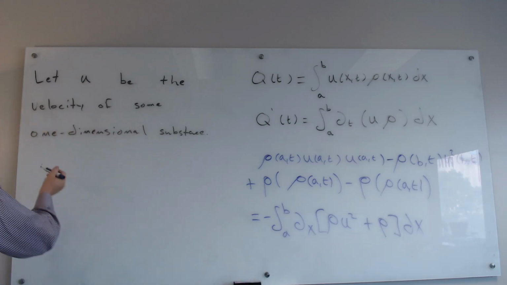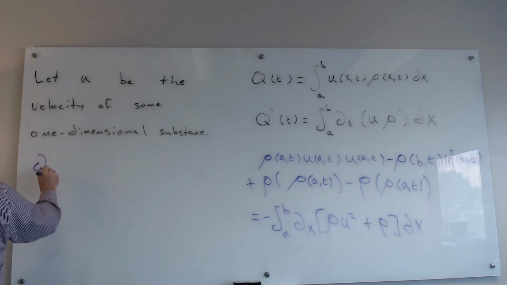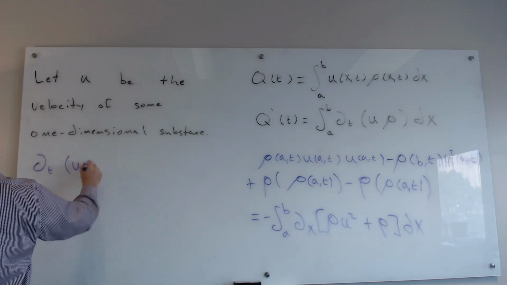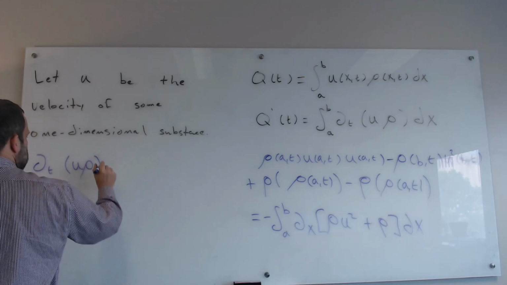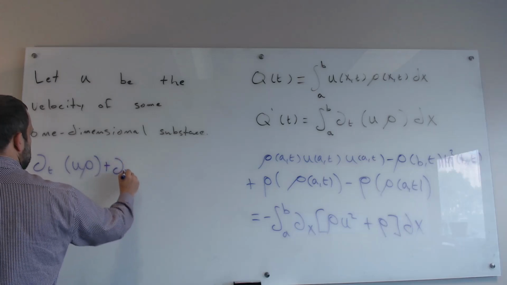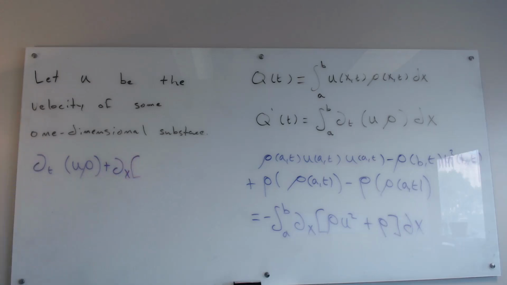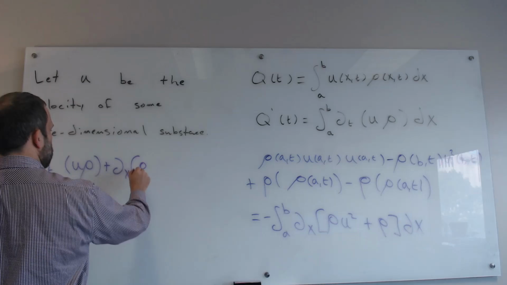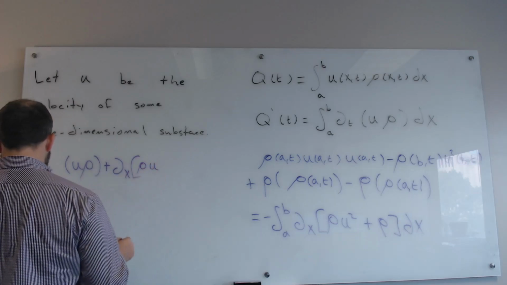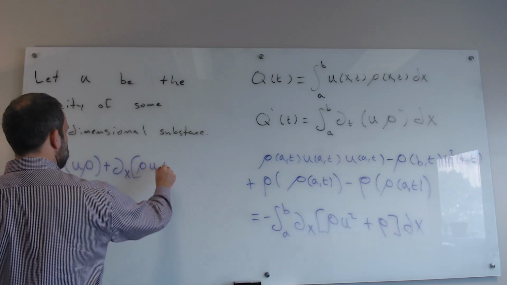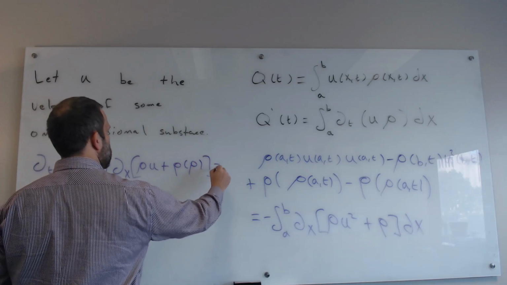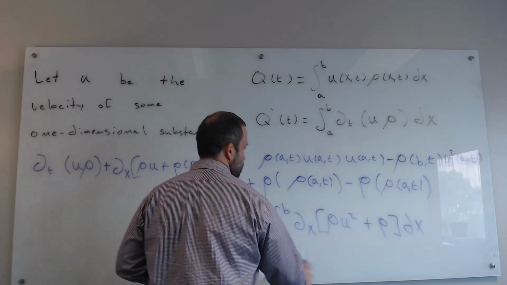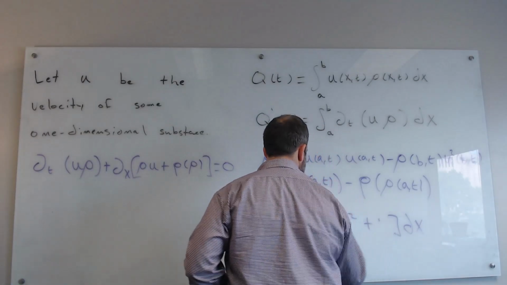On the left-hand side we get the t derivative of u rho, plus the x derivative of rho u squared plus p of rho, equals 0. So this is p of rho.